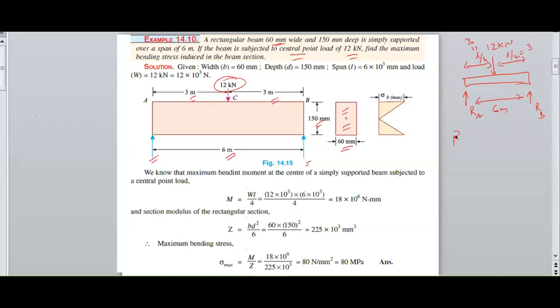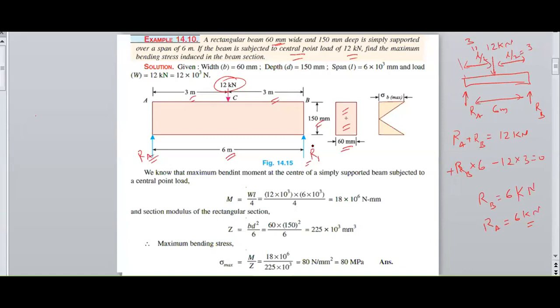The procedure is the same. RA plus RB needs to be equal to 12 kilonewtons, and RB into distance 6 is a positive value, and 12 into distance 3. I am considering the moments at A to be 0. Therefore, RB value is 6 kilonewton because the load is acting at the center. RA will be 6 kilonewton. So here I am getting RA and RB.